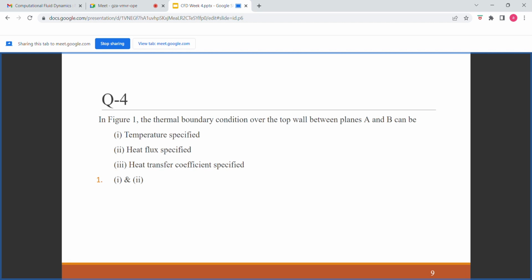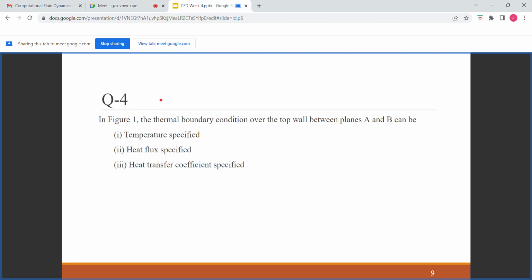Basically, boundary conditions come under two types. One is the Dirichlet boundary condition, another one is the Neumann boundary condition. When we specify the values for the variables, that is known as a Dirichlet boundary condition. If we specify the flux values or derivative values, that is known as a Neumann boundary condition. Or there would be problems where we specify both.